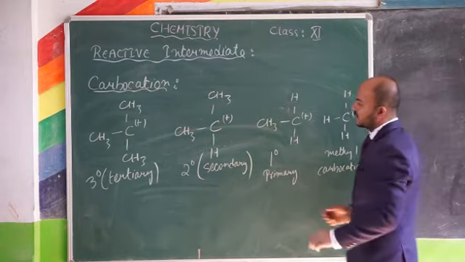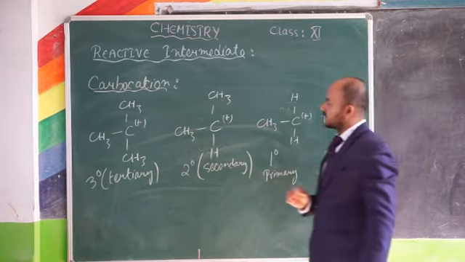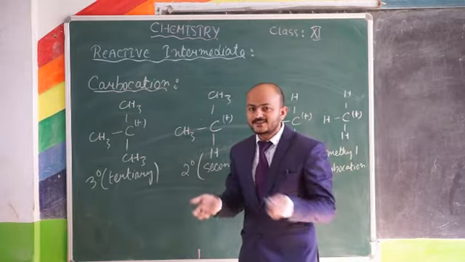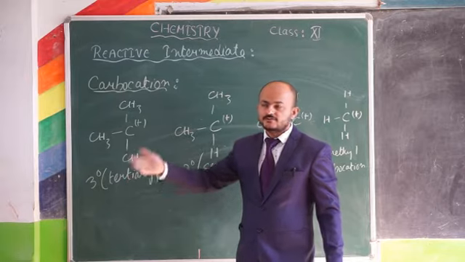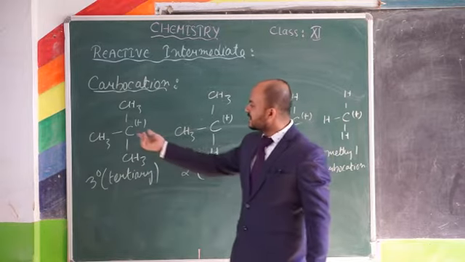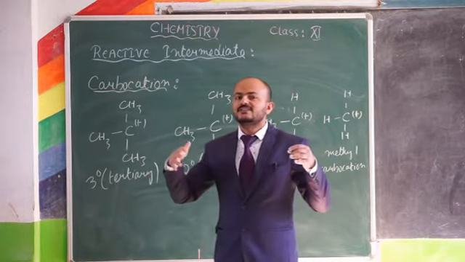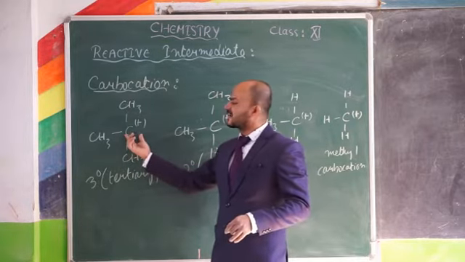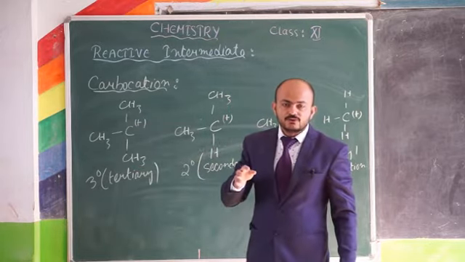So you have to remember tertiary, secondary, first degree, and methyl carbocation. Now, can you talk about the stability of these carbocations? You should be able to tell it easily. Since we have discussed all those effects, inductive effect, resonance effect, hyperconjugative effect, which will be applied here? This carbon has a positive charge, and if there are more electron donating groups towards this carbon, then that carbocation will be most stable.